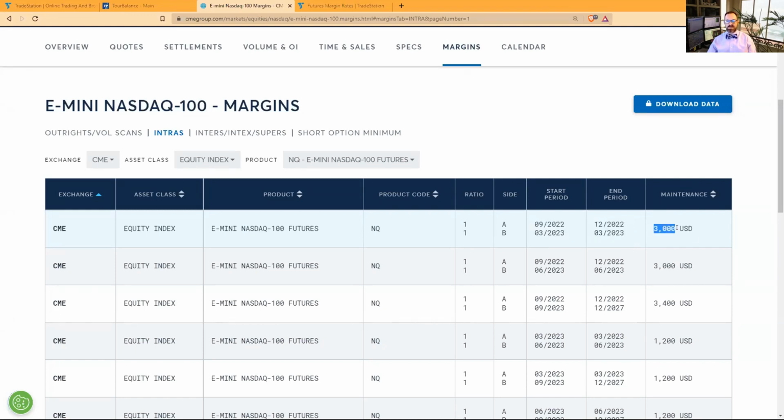And you can see the maintenance margin is 3,300. So therefore, the overnight margin to hold a bear or bull spread on the NASDAQ is only $3,300. That's pretty cool, isn't it? So we went from 16,500 overnight to 3,300 overnight. That frees up a lot of capital. So spreads reduce a huge amount of margin. And the reason why is because your risk is a lot less. And I'll go into that in just a moment and show you why.